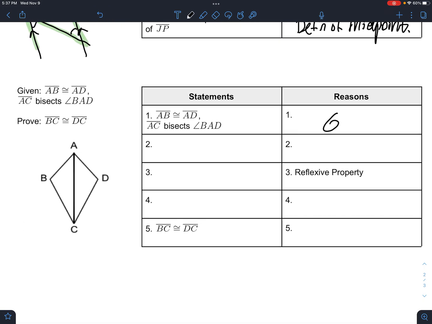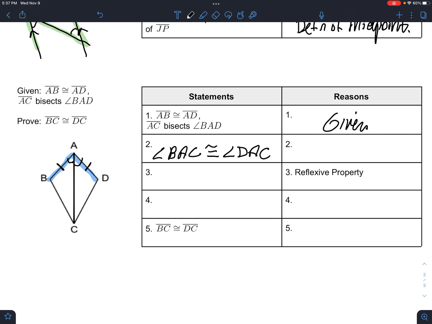So this is going to be our given. We got a matching here, and we have this as a bisector of the angle. Okay? So that blue angle is being cut in half, here and here. So that's going to be angle BAC and DAC.